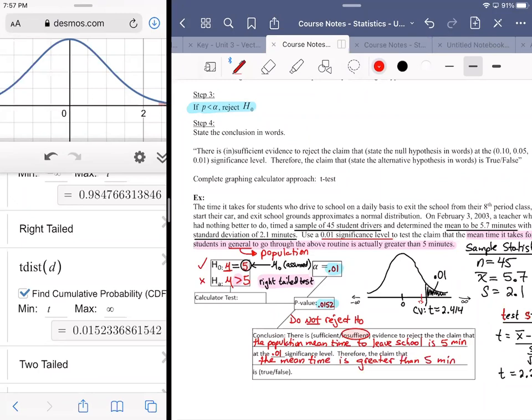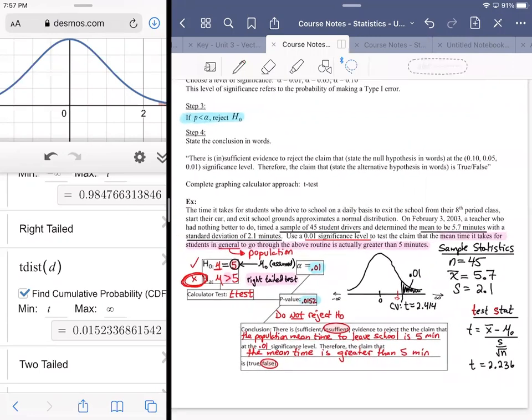Well, this is the alternative hypothesis. I got a big old X right here next to the alternative hypothesis. So that's a pretty clear way of saying that that statement is false, right? And again, the calculator test is a t-test. But that is an appropriately framed hypothesis test.